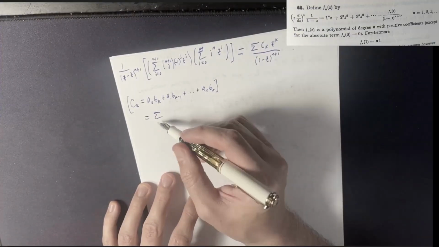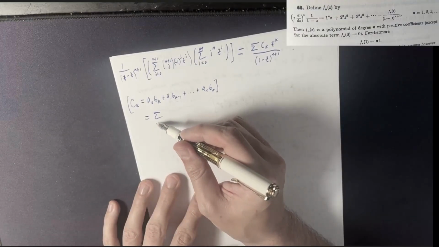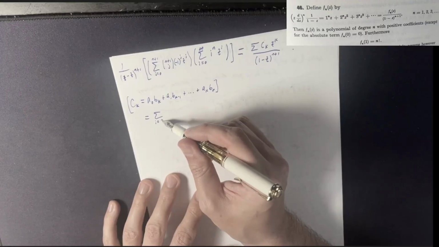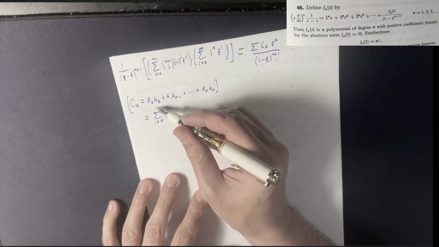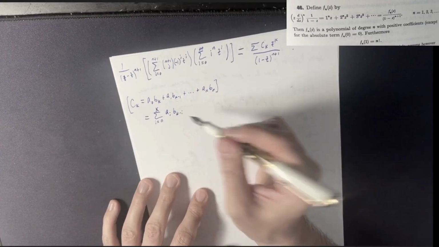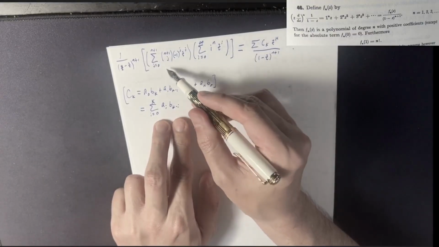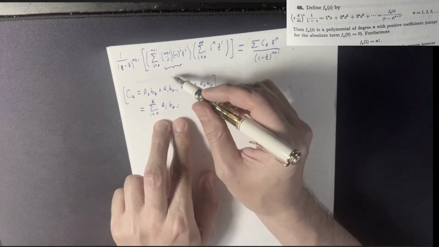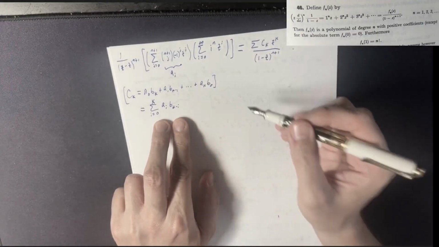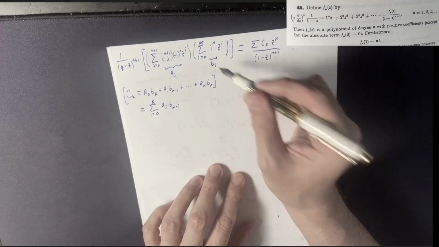Lord help us. So i, j, k, I'm running out of letters here. Let's do i from 0 to k of a_i, b_(k-i), right? That's all it is. But our, this is a_j, and this is b_i, right?